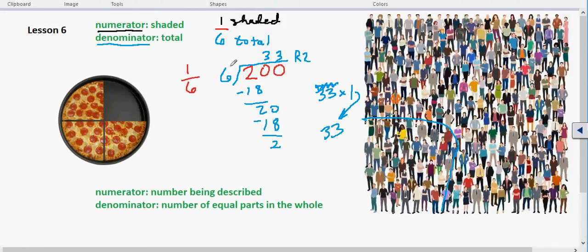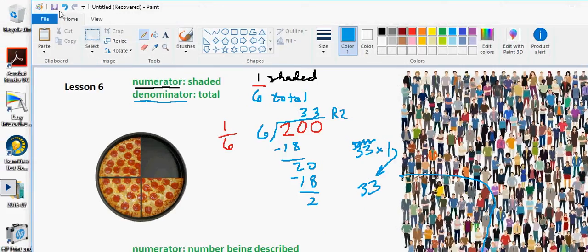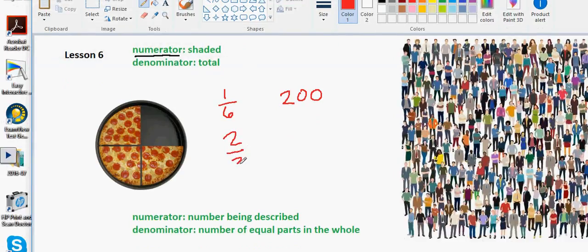You divide into the equal number of groups you'd like, and then you multiply by how many of those groups you want. Let's try it with simpler numbers. What if we had 2/3 of, oh, I don't know, 36?